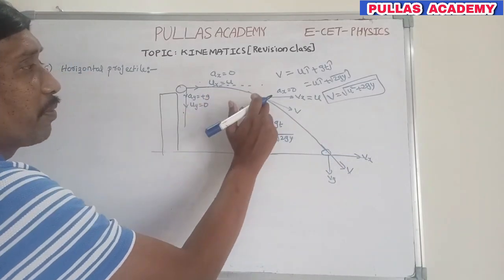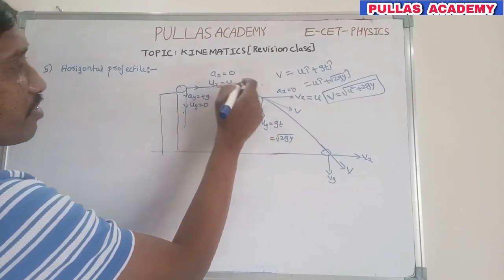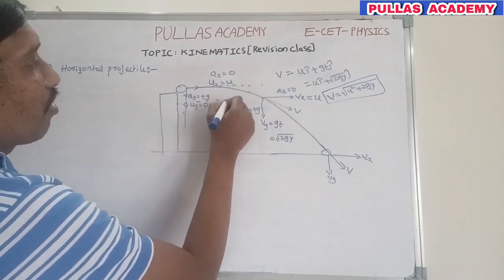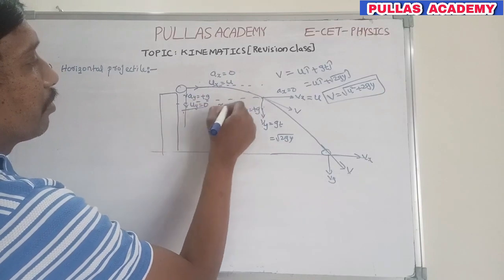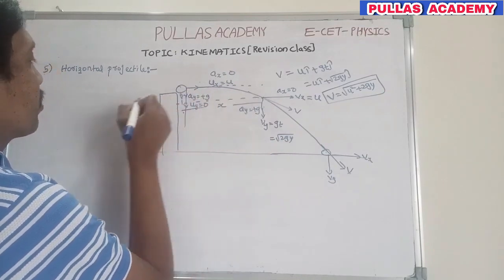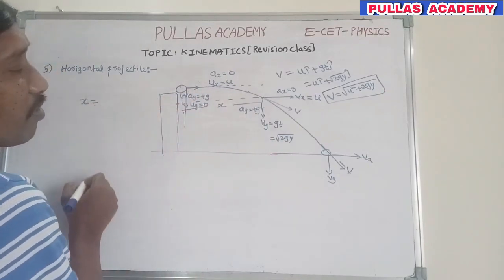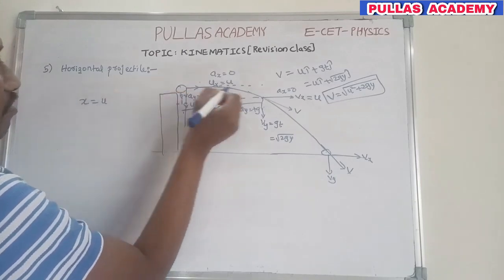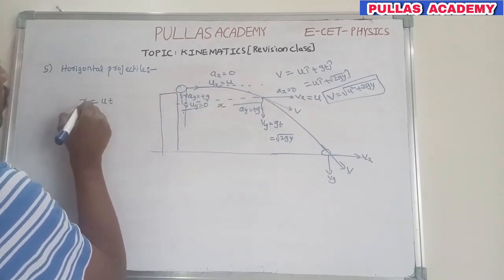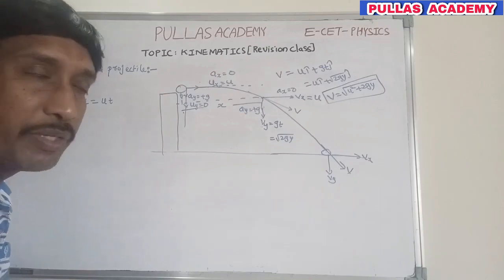Okay. One more important point. When it reaches this point, this is called horizontal displacement. This is vertical displacement. Horizontal displacement is what? Along horizontal direction, velocity u into t. So this is the formula: x is equal to ut.